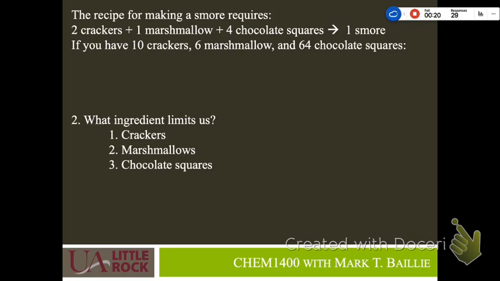It's not like a nursing question, it's not like select all, what's the most, right? Which one? A couple more seconds. Okay, based off of the results that are coming in, a majority of the class is saying that crackers are the ones that limit us. That's because that's the one that we run out of first.